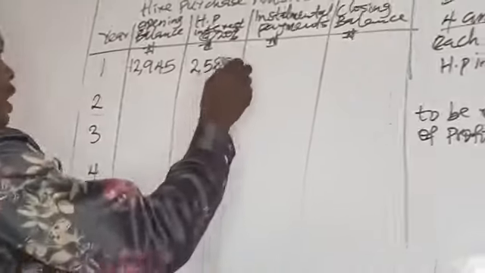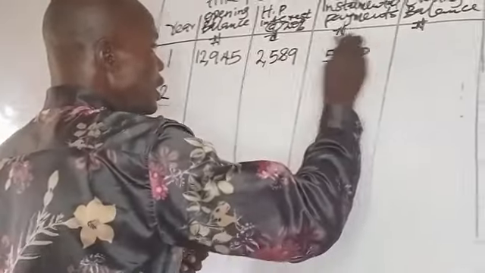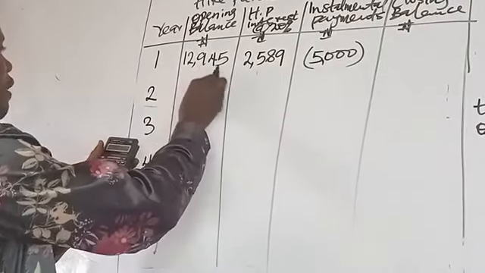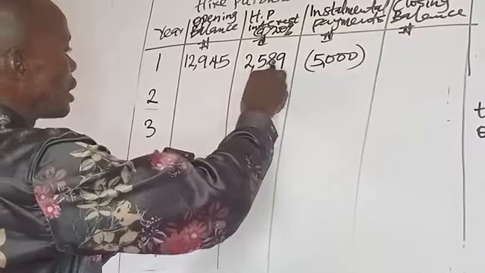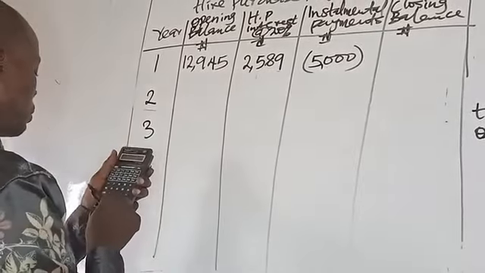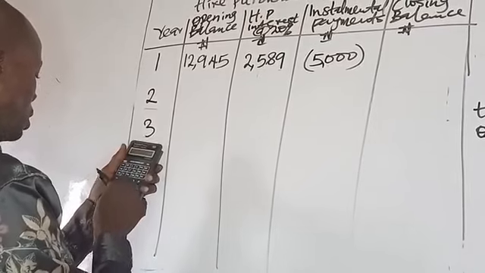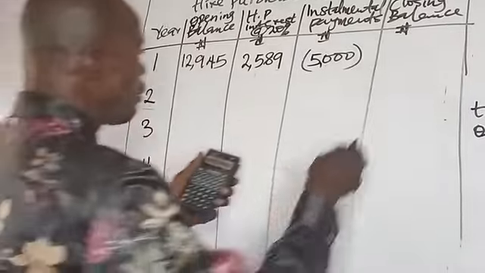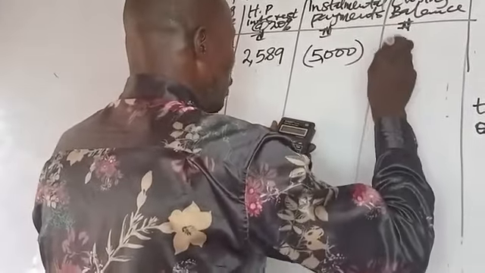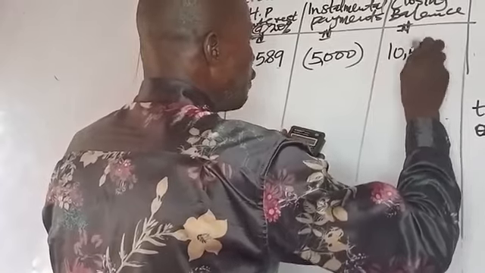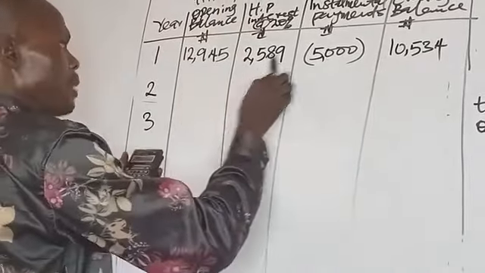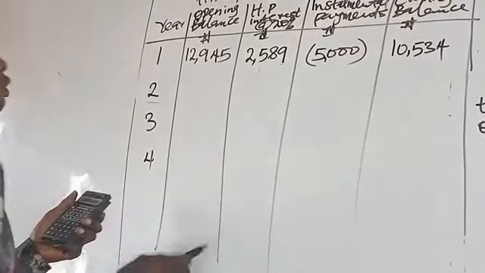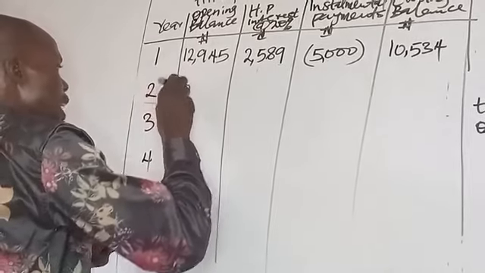So you subtract the installment. So 12,945 plus 2,589 minus 5,000 gives 10,534. This plus this minus this will give us this. This closing balance in year 1 will be the opening balance in year 2.